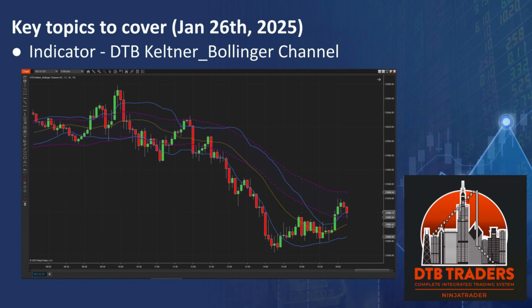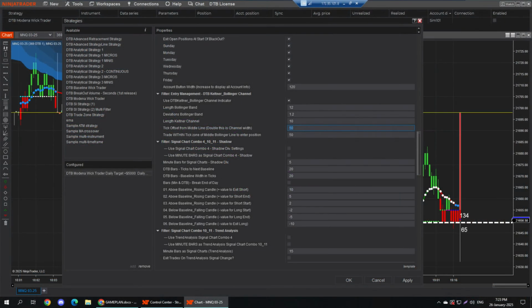So switching back to the screen here. So this option that you have over here is you can tell the strategy, hey, I only want to trade when the price is within X amount of ticks of that middle Bollinger Band.